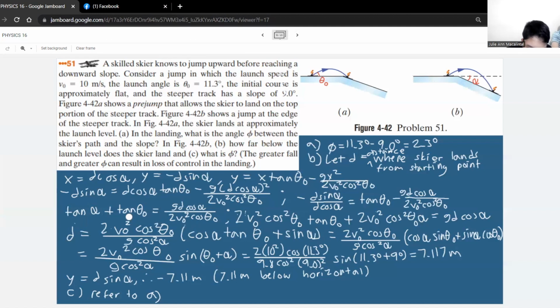Cosine squared phi. Okay, tapos gawin ko rin yung algebra. So G. So I'm going to get G cosine squared theta d 2v naught square cosine squared phi is equal to d sine of phi minus theta over cosine squared phi.